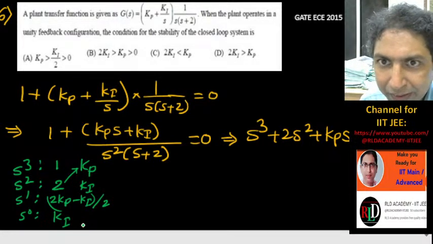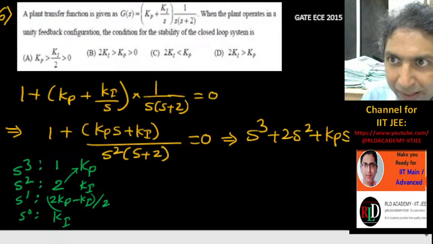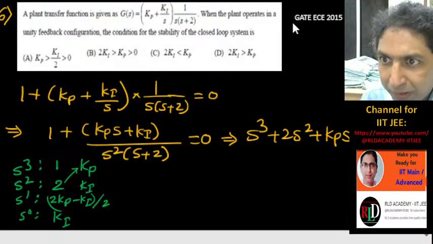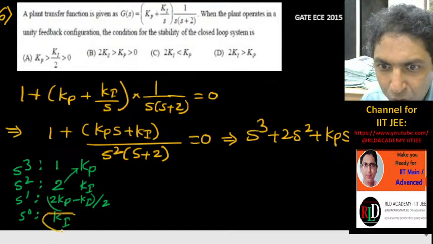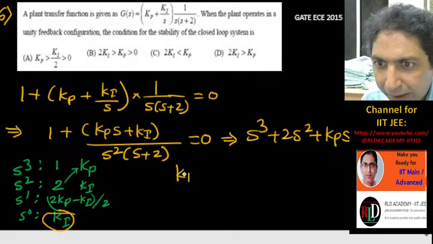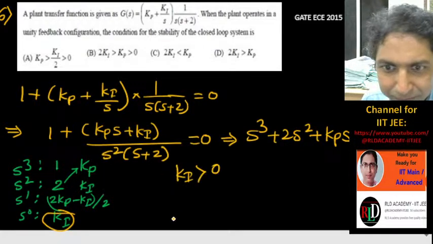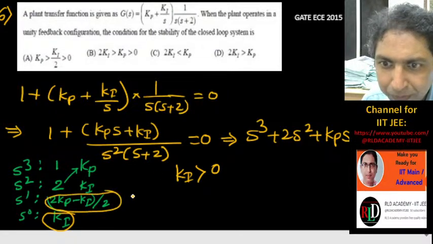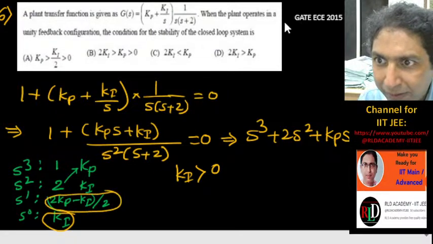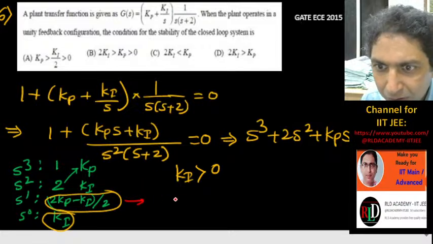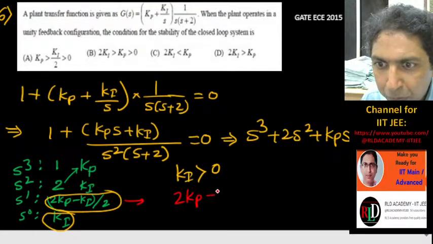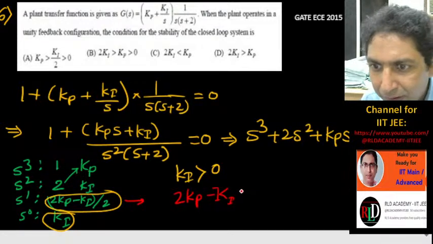Is it okay? So what is the condition for stability? Every element should be positive. So this one should be positive. So Ki should be positive. And this one should be also positive. And for this one, what you will get? 2 Kp minus Ki, it should be positive.